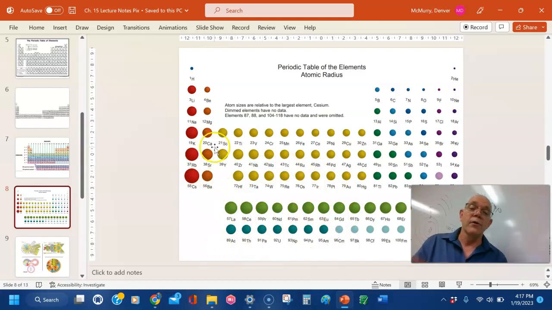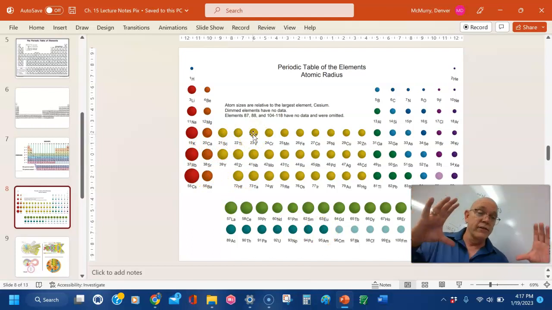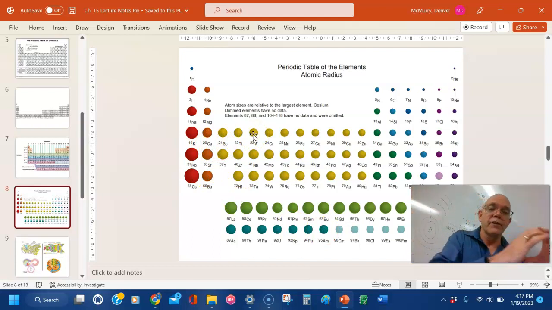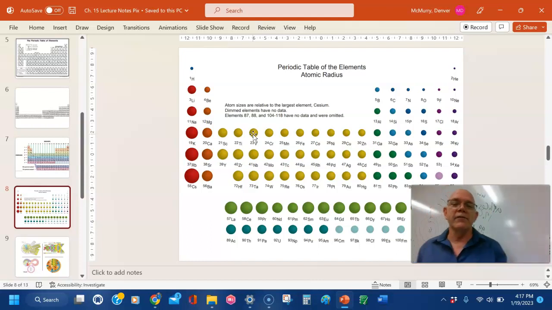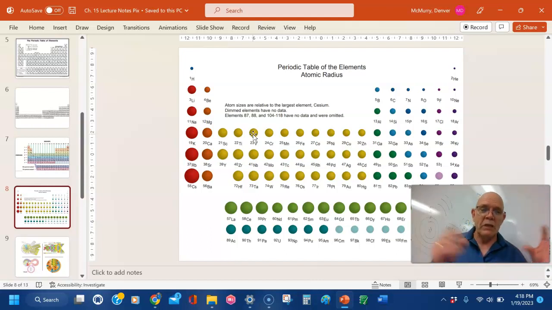As you go across the periodic table, the radius of the atom, how far across it is, gets smaller and smaller because you're getting more protons, and they're pulling those orbitals of electrons in closer. So the whole atom gets more massive, but it takes up less space, or has a smaller radius.